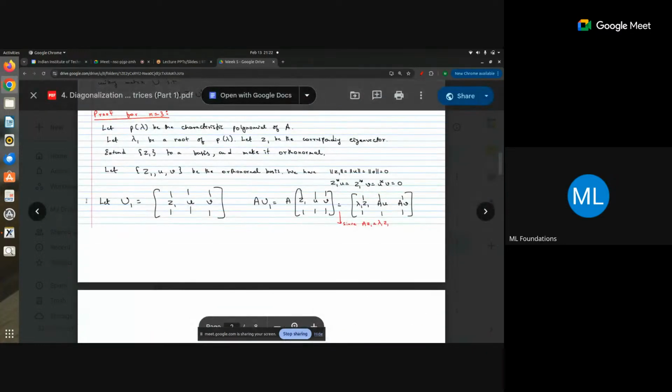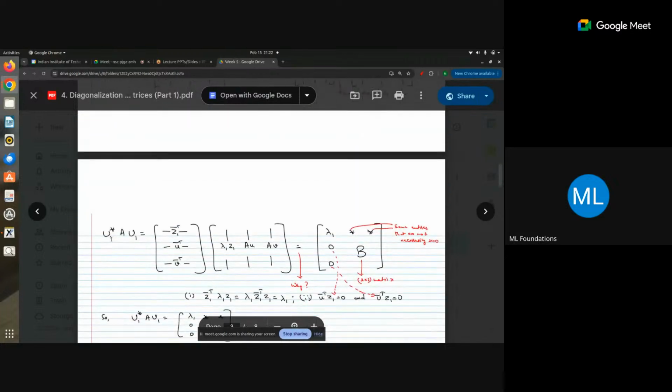Now, let us say this was your U1. What do you do later? You will take the conjugate transpose of U1.